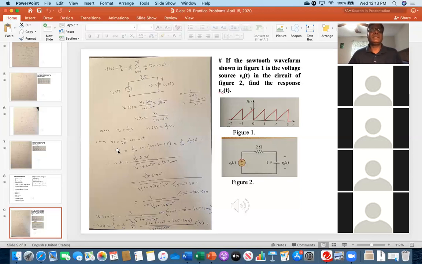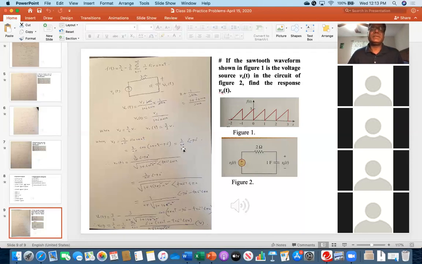I converted it into cosine by putting minus 90 degrees, so that I can express it in phasor or polar form, 3 over n pi angle minus 90 degrees.